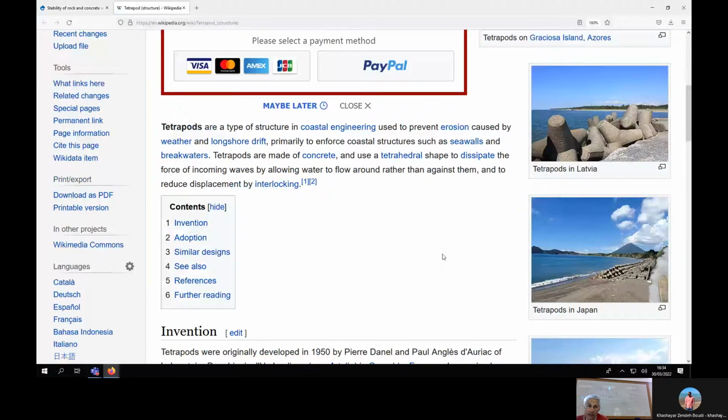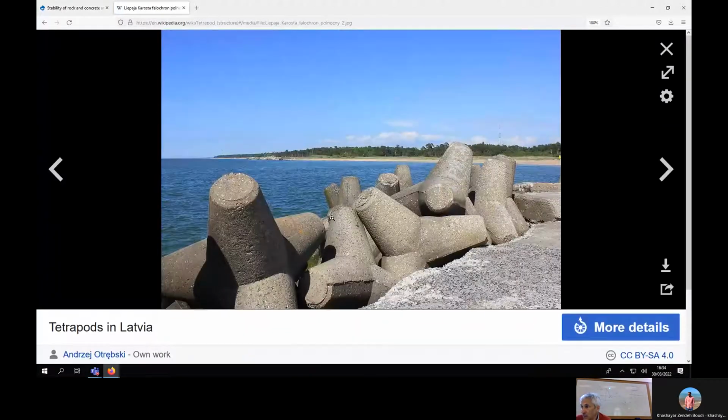Some of them are made by taking a crossed shape. These are what are typically called tetrapods. And you see that these can benefit from an increased stability due to their shape.